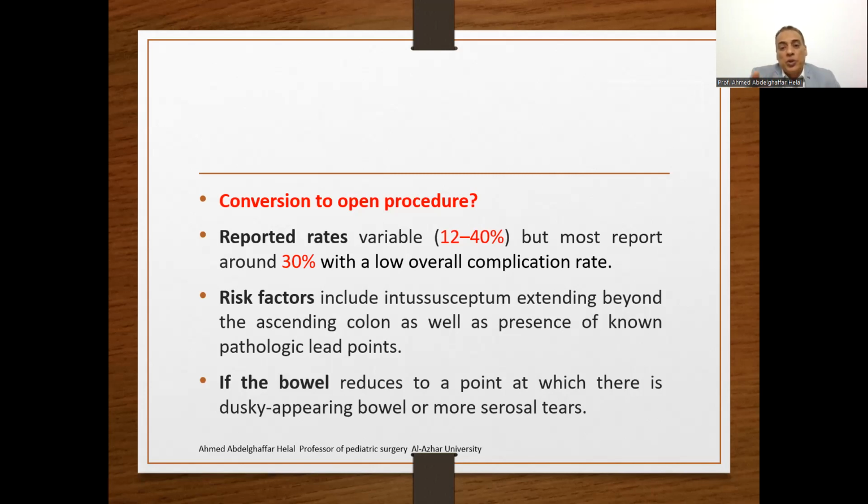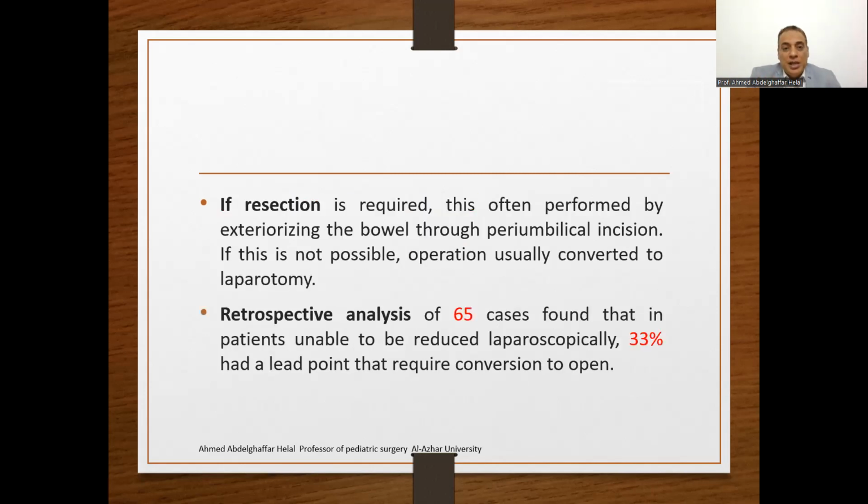If the bowel is reduced to the point at which there is a dusky appearing bowel or a serosal tear, you may need to perform assisted laparoscopy or convert to an open procedure. If resection is required, this is often performed by exteriorizing the bowel through the periumbilical incision. If this is not possible, the operation is converted to laparotomy.